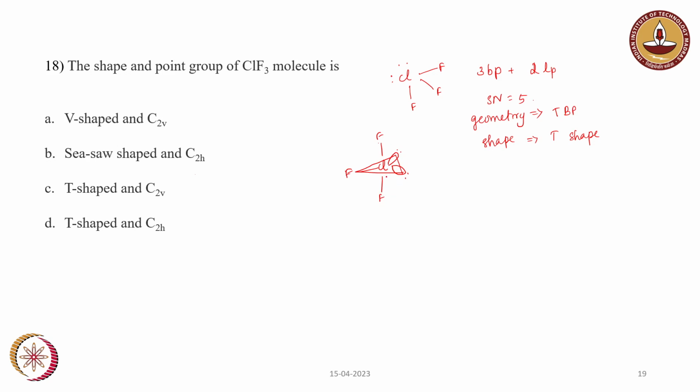So this is the T shape. If we rewrite, F, F and F. So this is the T shape.